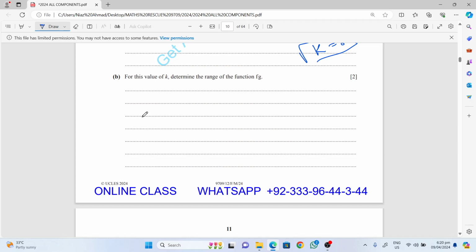For the value of k, determine the range of the function. Remember f g of x. This is a composite function, that f g of x is equal to 3 into (5x minus 1) minus 2, whole square plus 8.